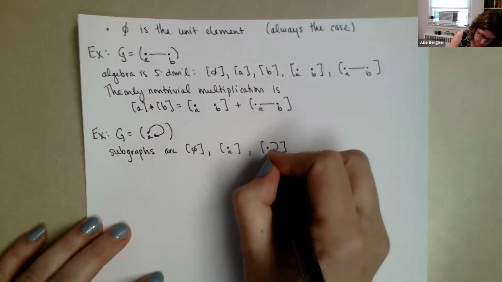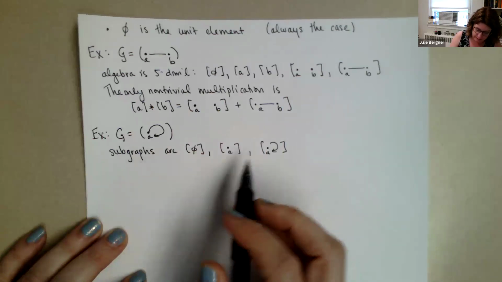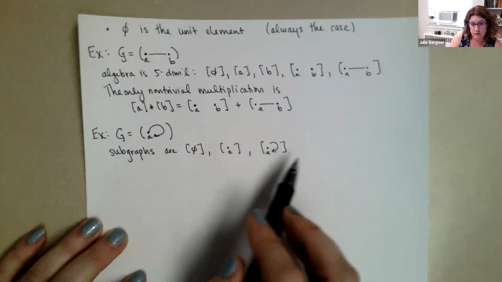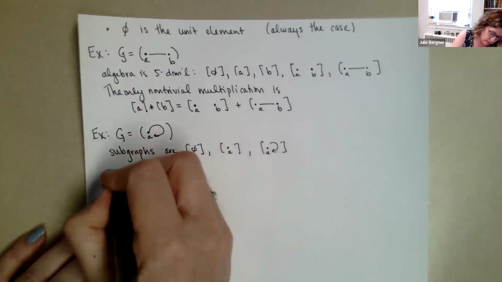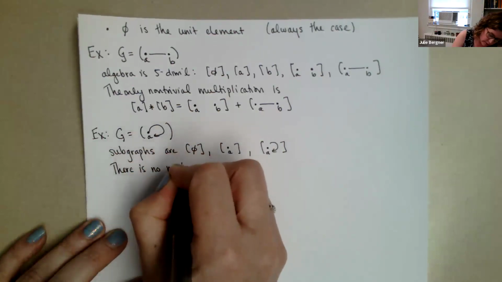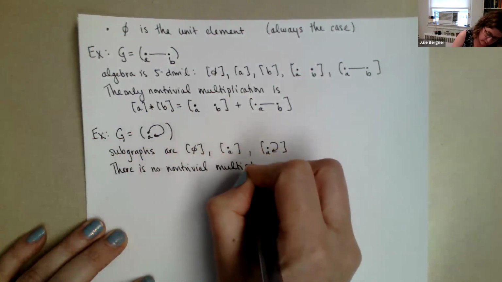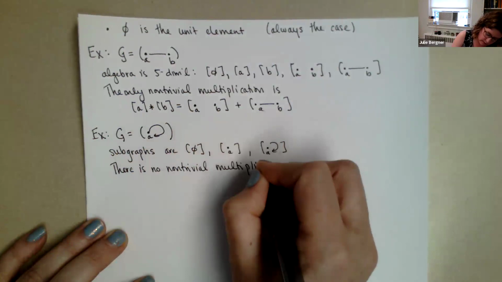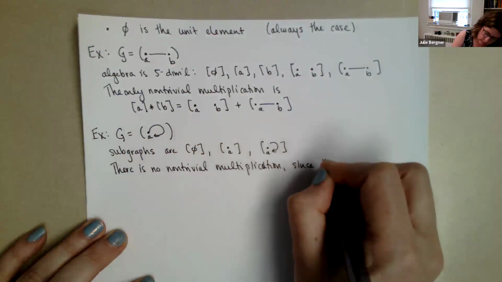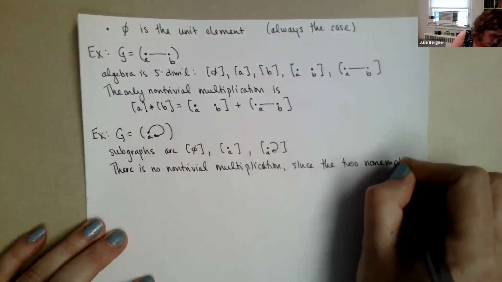In this case there is no non-trivial multiplication, because we only have the unit element and these two subgraphs, but they're not disjoint because they share a vertex. So there is no multiplication of two non-empty subgraphs.